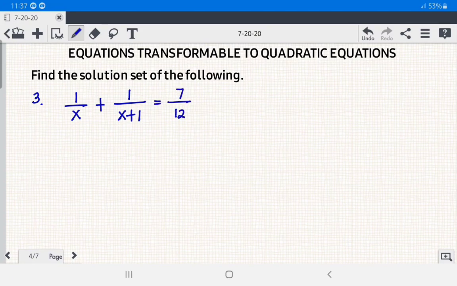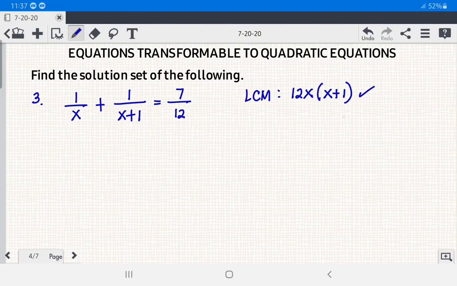So here, we have different denominators. The LCM of all the denominators, or the least common multiple, is 12 times x, or 12x, then times x plus 1. You can make use of the product form, or you can make use of the factored form.